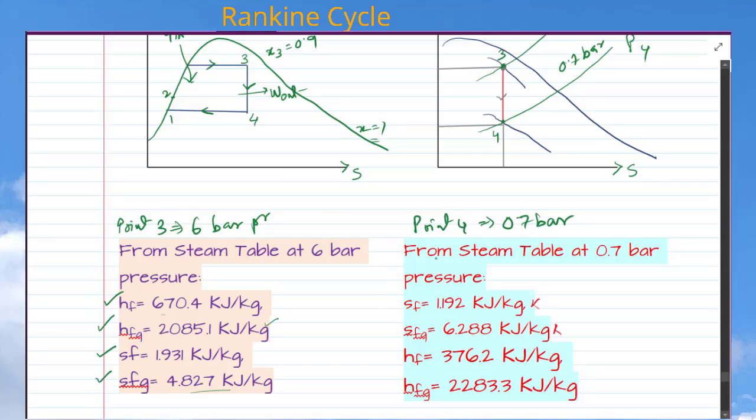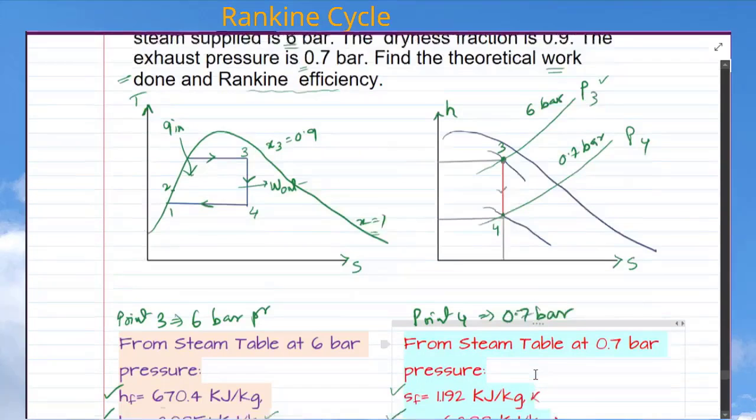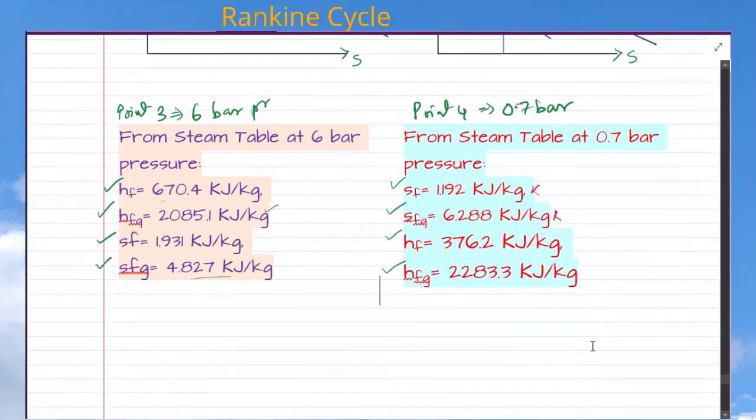Similarly, the corresponding values for 0.7 bar are sf, sfg, hf, and hfg. We can get these from the steam table. Please refer to a steam table to get these values for 6 bar pressure and for 0.7 bar pressure.